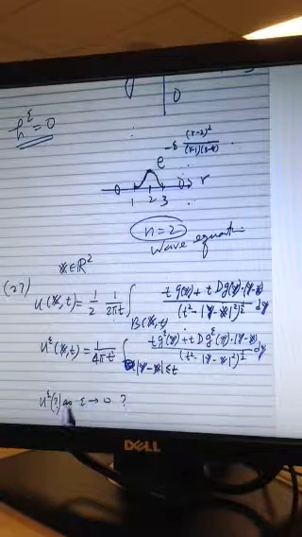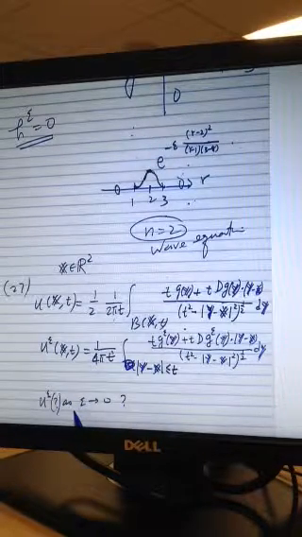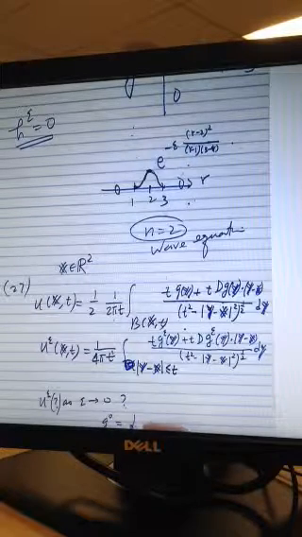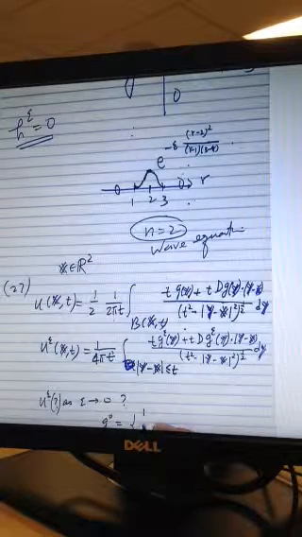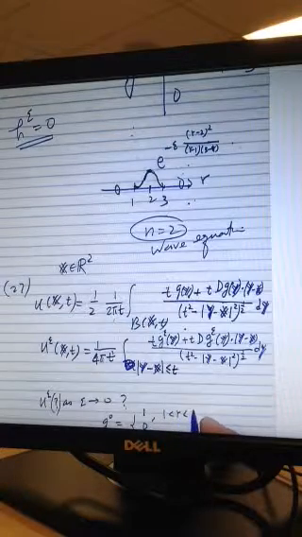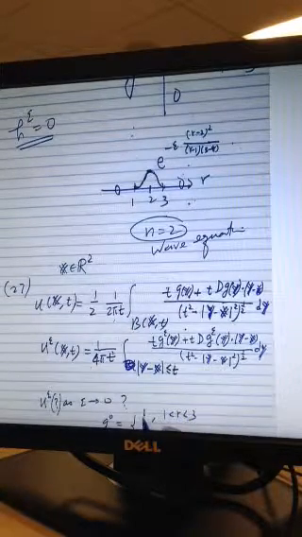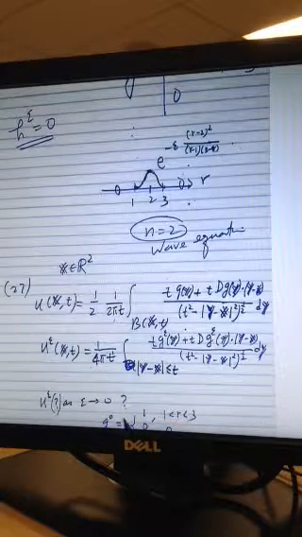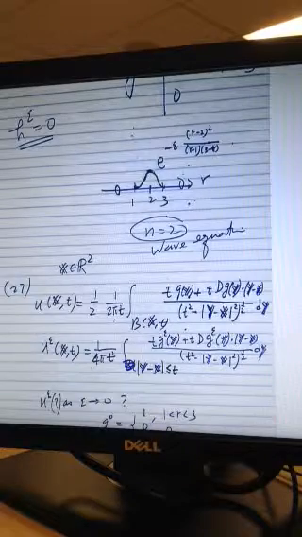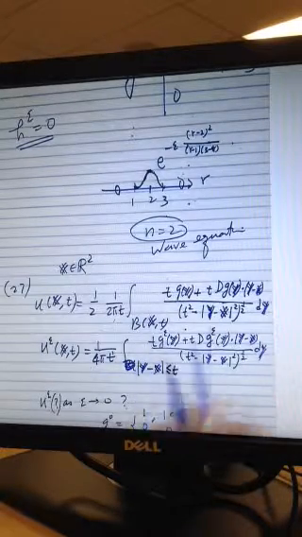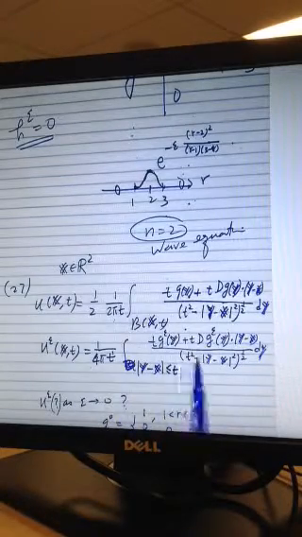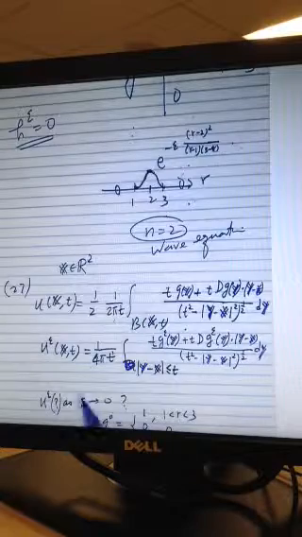Or actually, on the other hand, if epsilon is 0, this is really 1, 0, 0. Of course, this is discontinuous here, so it's not really a continuous function, not even a differentiable function, so you cannot use this rule. But it's interesting to see. Once you write this down, you have that formula, plug it in, do some estimation.